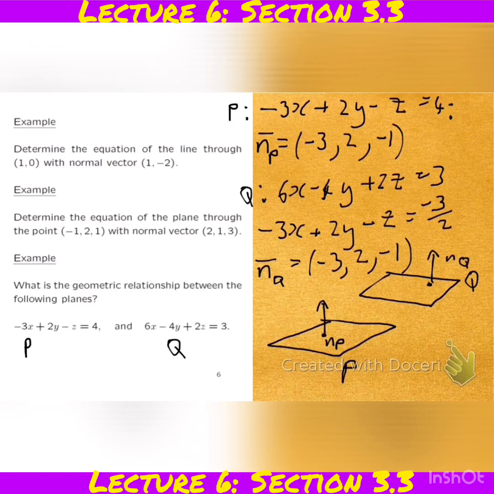Now compare these two vectors. NQ is orthogonal to every vector that lies on the plane Q, and NP is orthogonal to every vector that lies on the plane P. So these two vectors point in the same direction. That vector is exactly the same as that vector, both pointed in the same direction. So the only geometric interpretation I have for this is that these two planes have to be parallel.